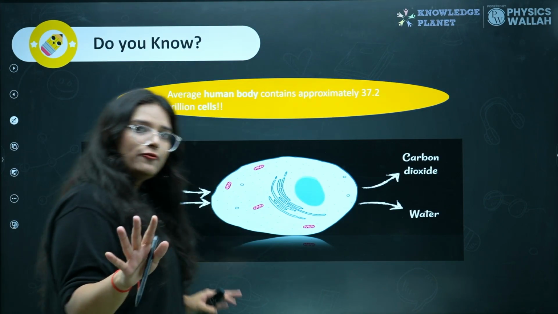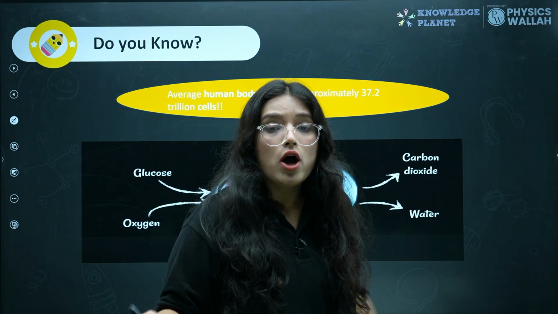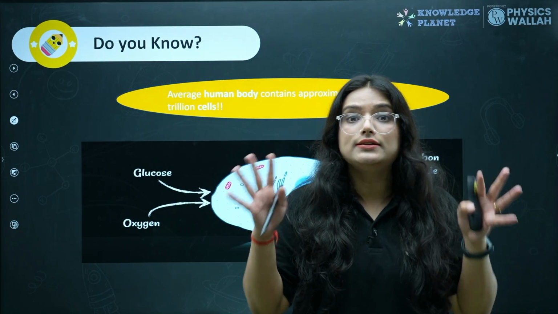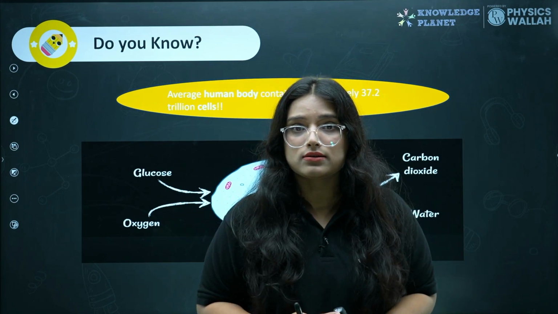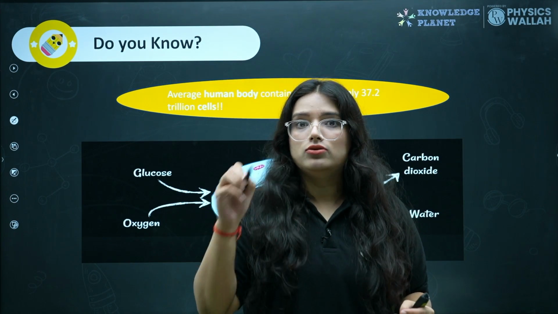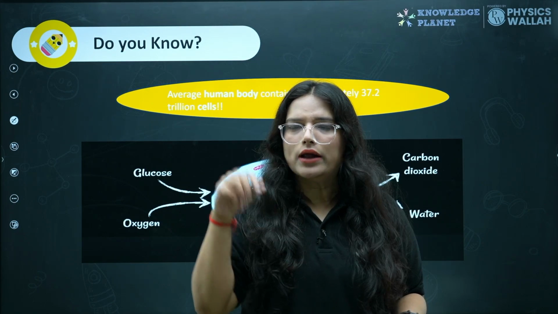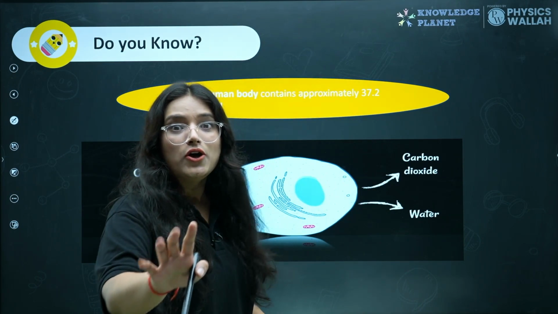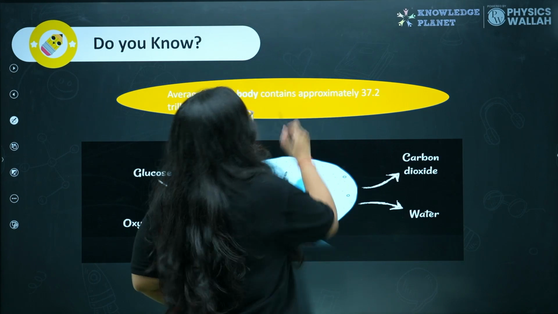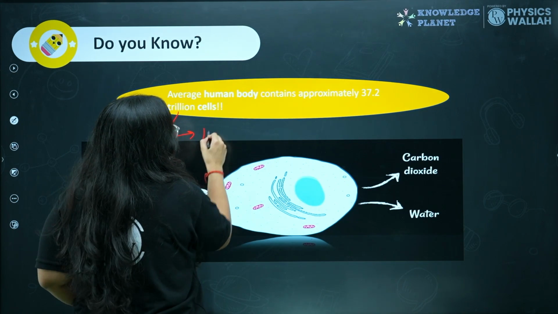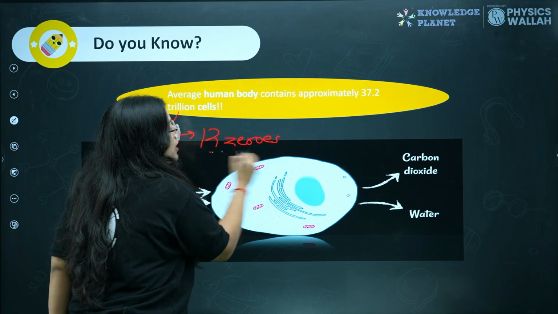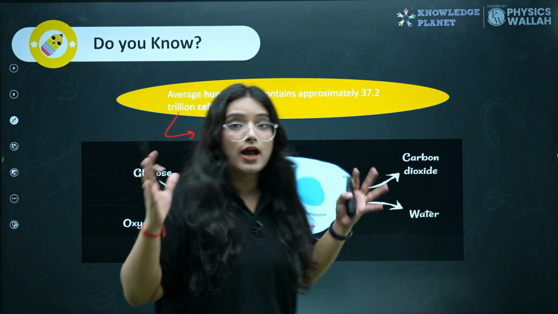But before that, do you guys know that our body is approximately made up of 37.2 trillion cells? Now, let me count the zeros in trillions. 1, 2, 3, 4, 5, 6, 7, 8, 9, 10. Not only those, it has 12 zeros. So this trillion means it has 12 zeros. Just imagine the number of these cells in our body.